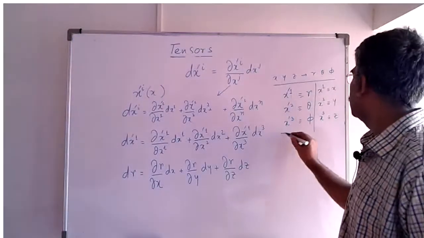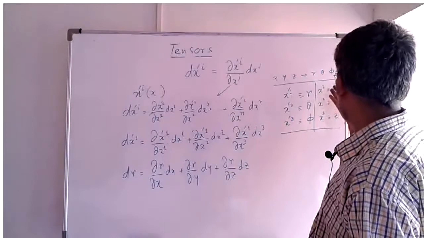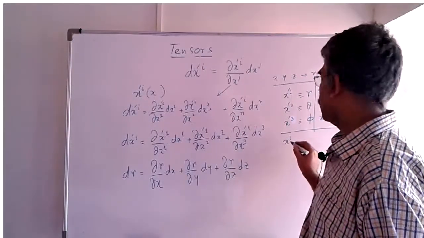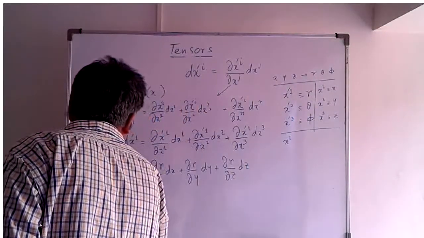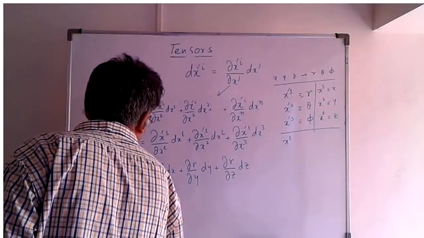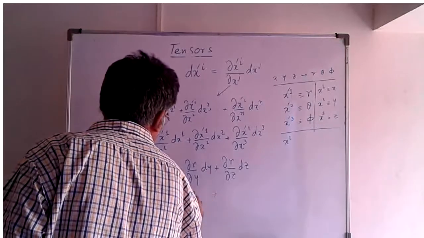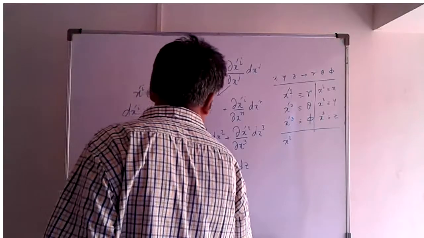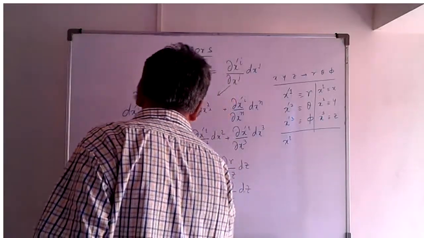Suppose you choose this unprimed x1... let me write it here first. You will have d theta as del theta del x dx plus del theta del y dy plus del theta del z dz.